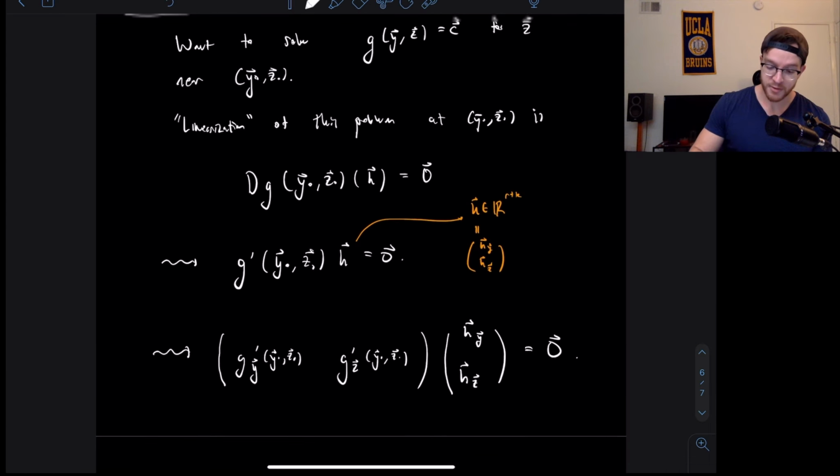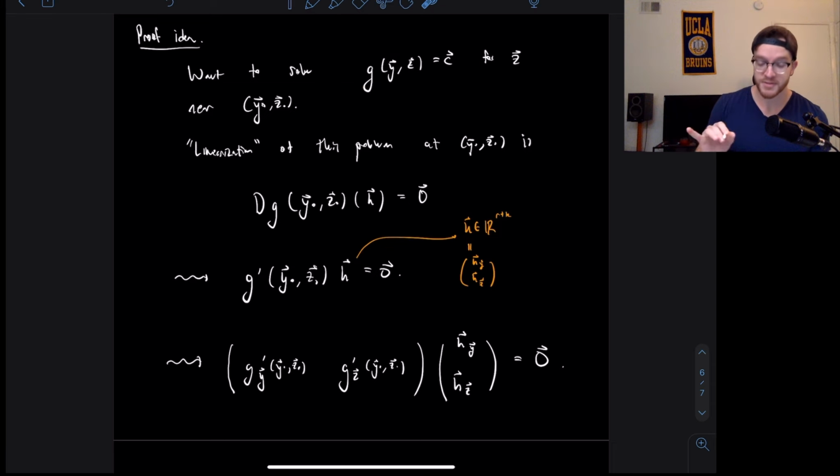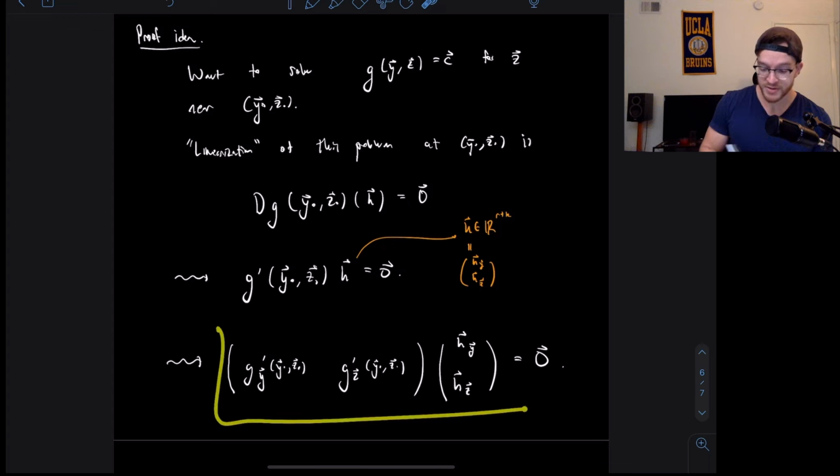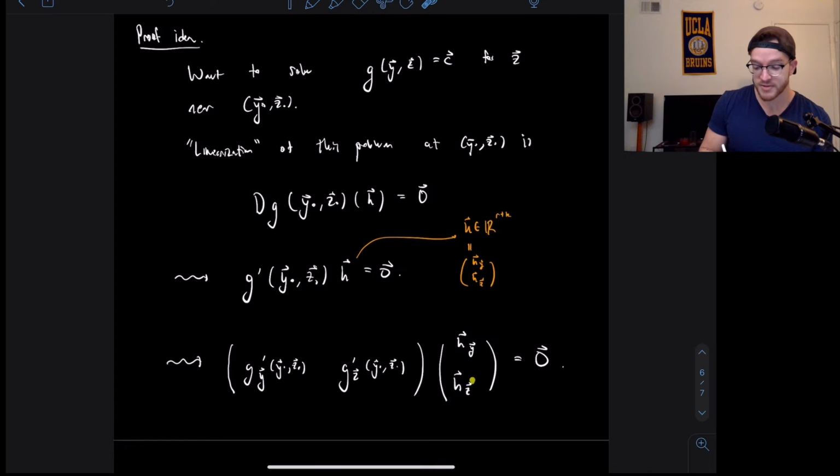Okay, so we started out with this nonlinear equation that I want to solve for z. The linearized version of this problem at the point of interest is this equation. What we want to do now, roughly, is solve for the linearized z variables in terms of the linearized y variables.